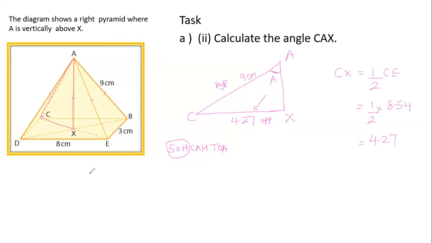Let me say, this is A and this is X, not so? Yes. Then when you look at our triangle, how it has been labeled, are you noticing that they are putting 9 here, A to B? Yeah, I've understood. So A to B is here. So it's like the hypotenuse.